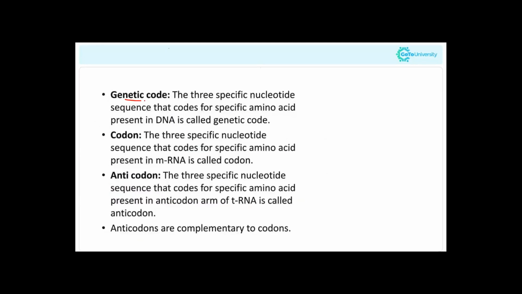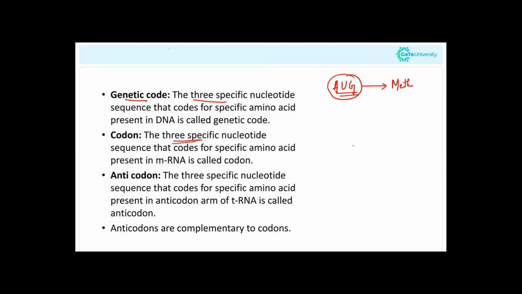Now genetic code: it is a specific three-nucleotide sequence that codes for a specific amino acid. For example, AUG is a start codon which codes for the amino acid methionine. So this is a genetic code. This is a single codon, three specific nucleotides that code for a specific amino acid in mRNA.